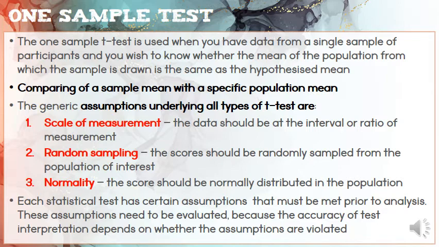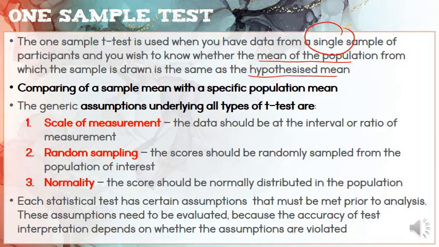So one sample t-test untuk single sample, where kita nak test mean of the population ini sama ke tak sama from the hypothesized mean. Hypothesized mean ni adalah satu value yang you tetapkan ataupun soalan bagi, dia claim. Dia kata the population mean is equal to a certain value. So to a certain value itu adalah hypothesized mean. Okay. So we are going to compare, okay, a sample mean with a specific population mean.